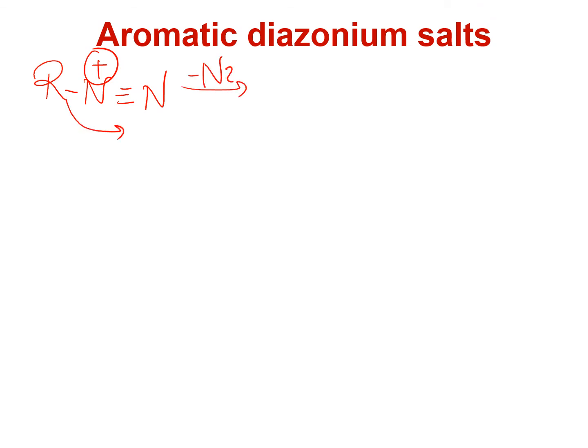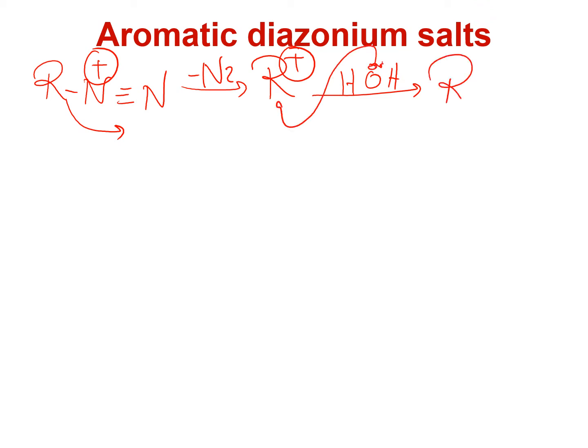It loses a molecule of nitrogen, giving the alkyl group as a positively charged moiety. In presence of water, the oxygen will attack the alkyl group, giving the alcohol. So this is one problem, forcing us to only use the aromatic amines.